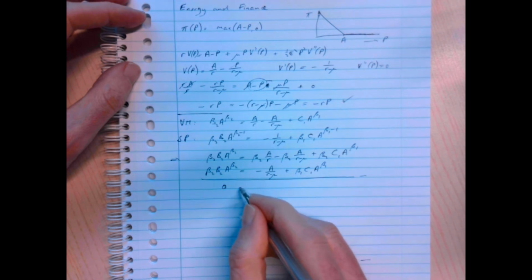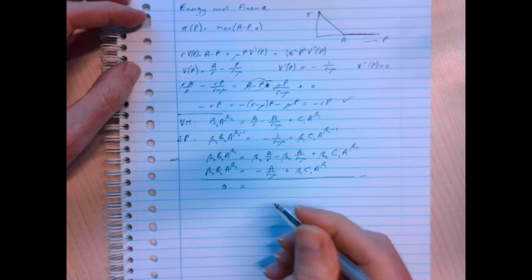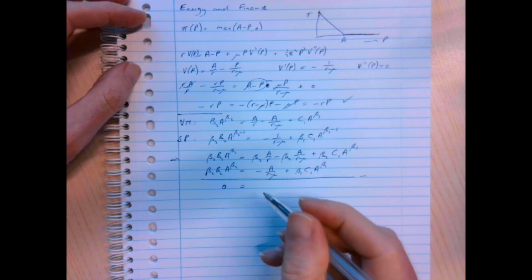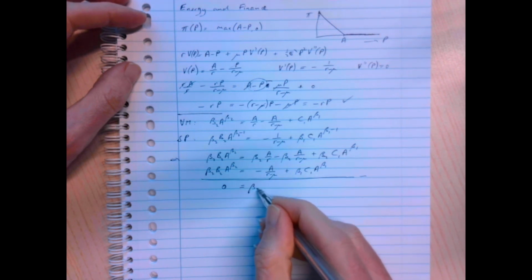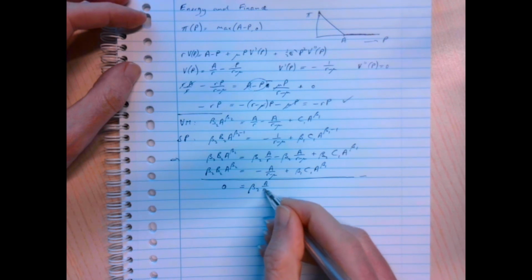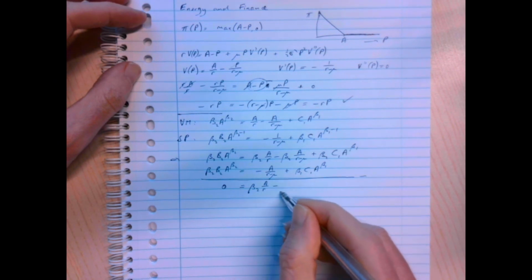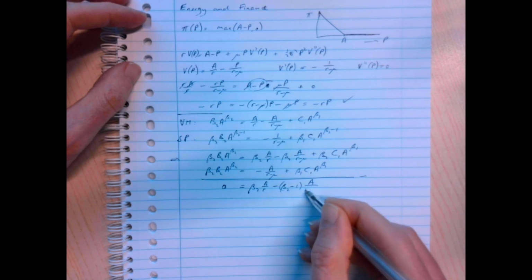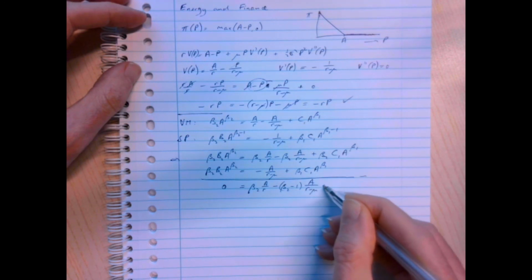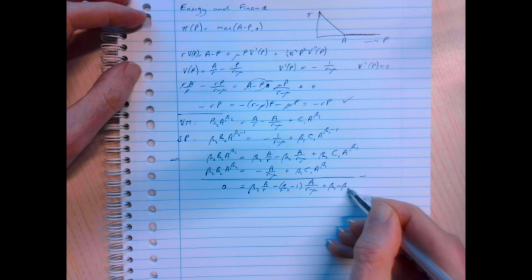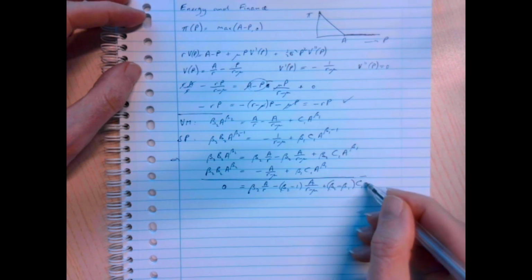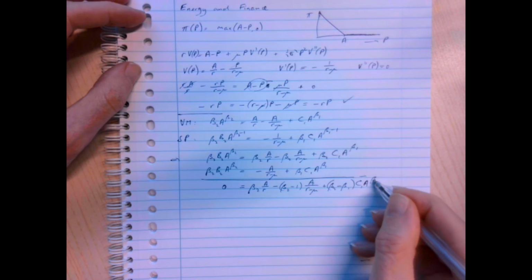So then 0, subtracting these two, equals beta 2 times A over R minus beta 2 minus 1 A over R minus mu plus beta 2 minus beta 1 C1 times A to the power beta 1.